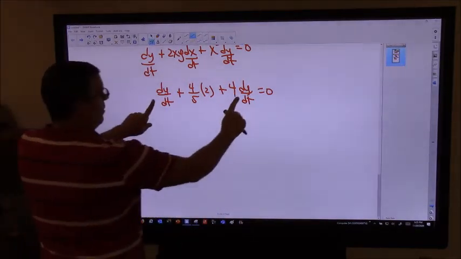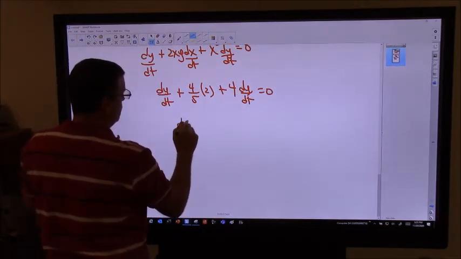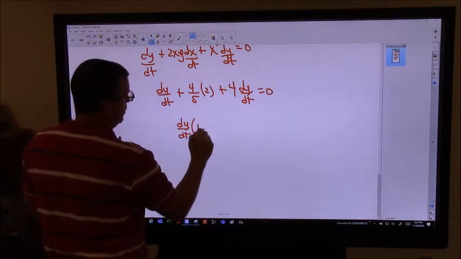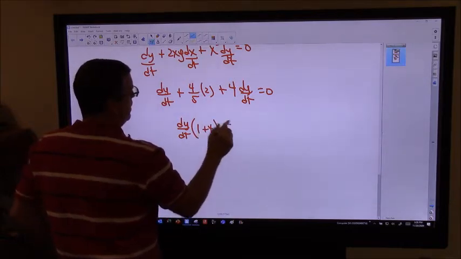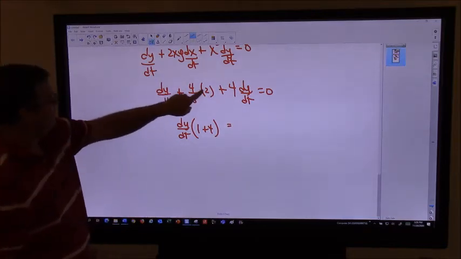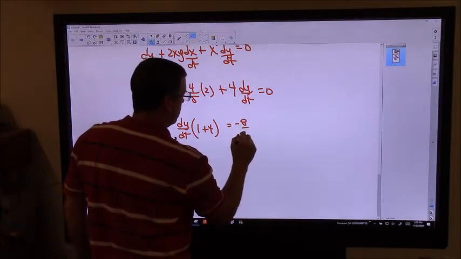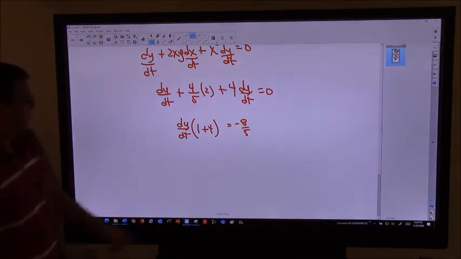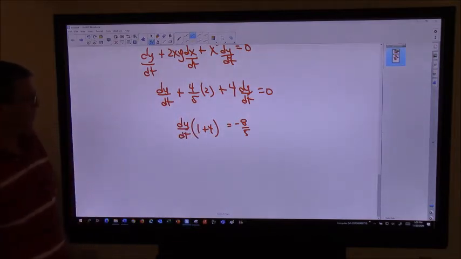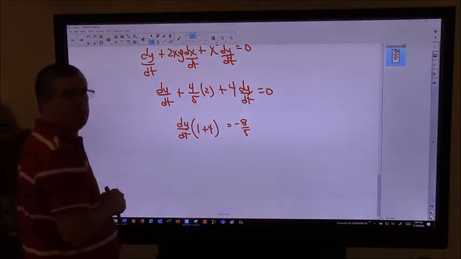So what I want to do is factor a dy over dt out of both of these. So what I get is dy over dt factored out of here, you're left with 1. Factored out of there, you're left with 4. And that equals, I'm going to move this to the other side and do the opposite. So what is that, 8/5? So when it goes to the other side, it becomes a negative 8/5. This equals 5, all I got to do is move it over and divide by 5. When you divide a fraction by a number, you just multiply it right into the denominator.